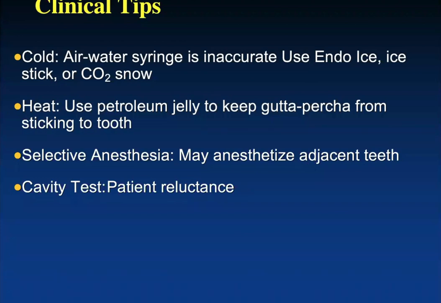If you spray the air, it goes everywhere, it won't be conclusive. Same thing for the ice stick. I know my colleague likes the ice sticks more. I like the Endo Ice more. So it's up to your preference how you handle things, but it has to be reproducible for you.